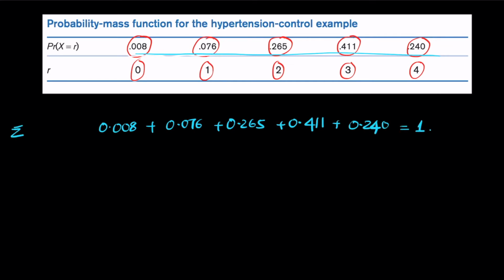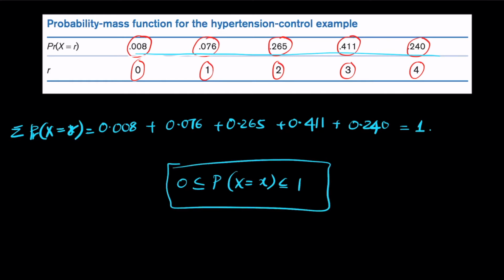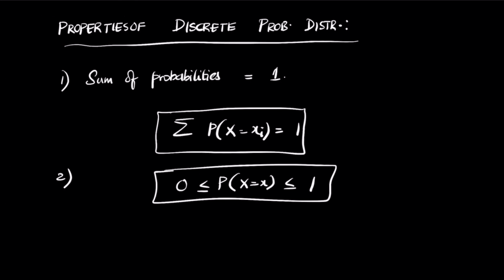So the sum of the probability of x equal to r is always equal to 1. And also notice that each of the individual probabilities is always between 0 and 1. Both are true for a probability distribution.